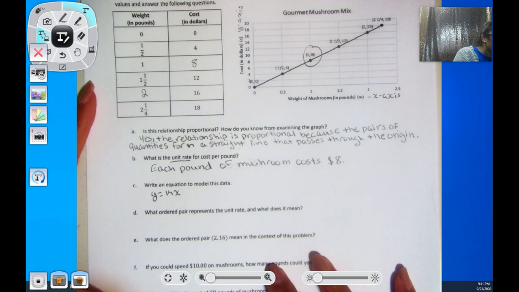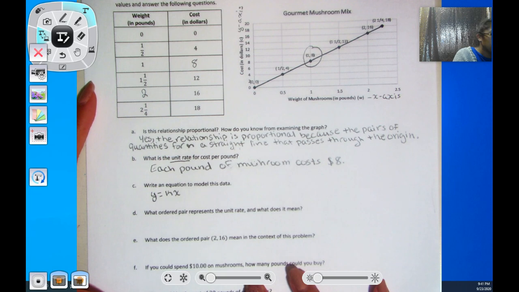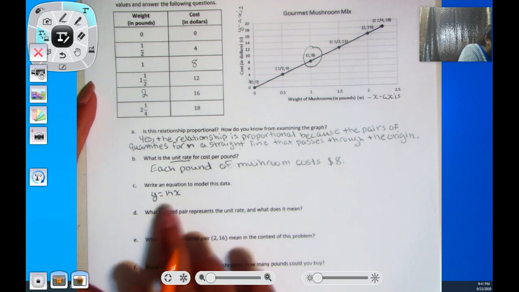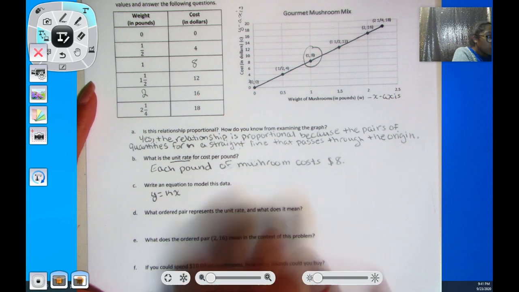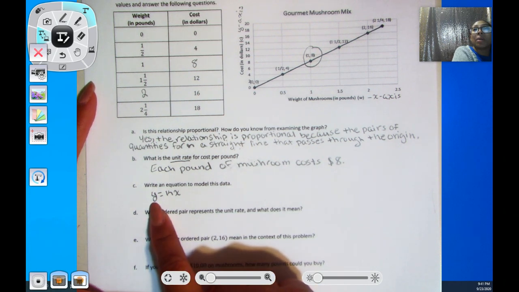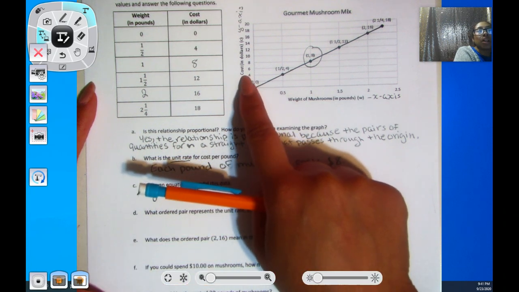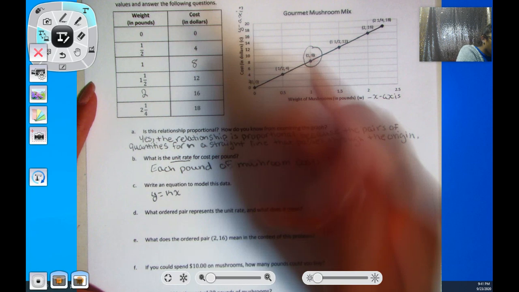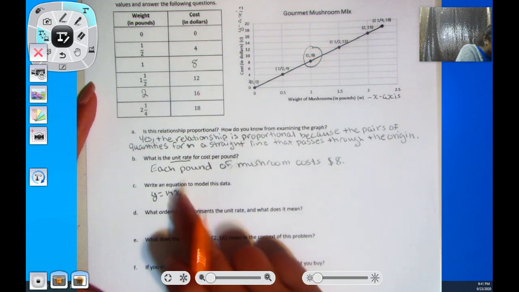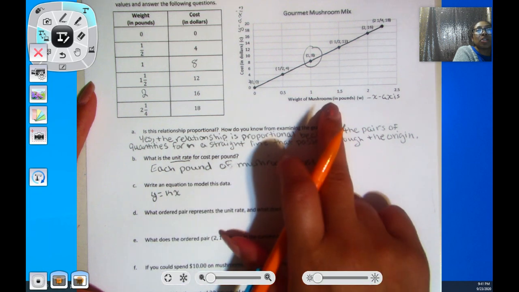If I want to create an equation that matches the context of this problem, I have to think about what y and x are in this problem. y represents our dependent variable, in this case the cost in dollars of the mushrooms. The k represents our constant of proportionality or our unit rate, and x represents our independent variable, which is the weight of the mushrooms.